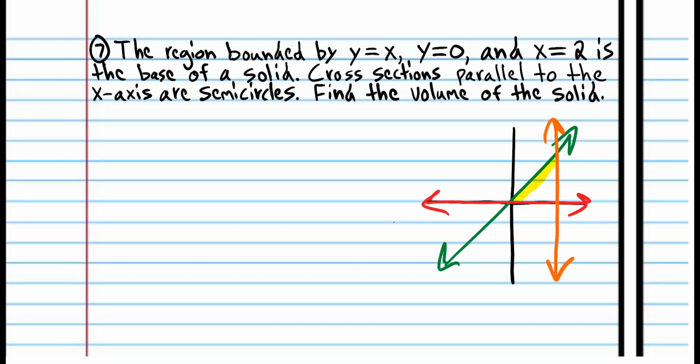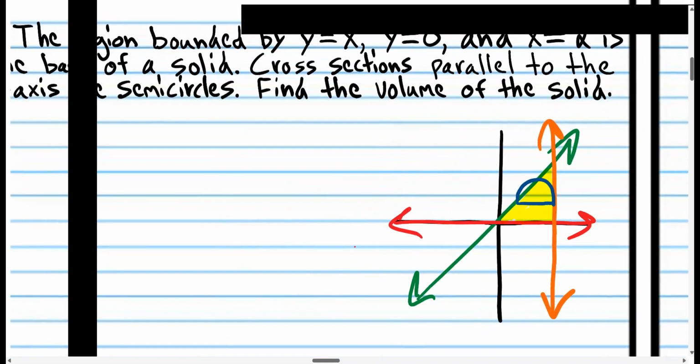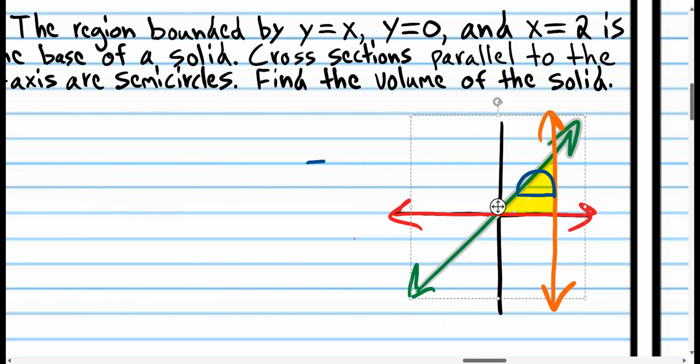So the base of the solid is this triangle region here, and we have cross sections that are semicircles. So picture this top part of that circle coming out of the screen. And I'm going to take that out here and make it a little bigger.